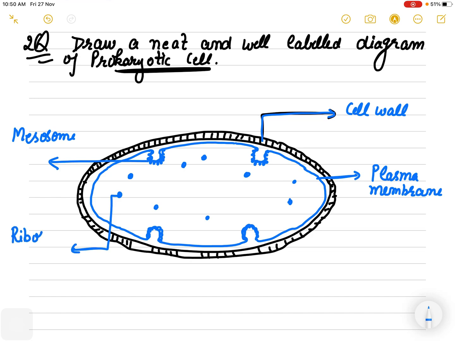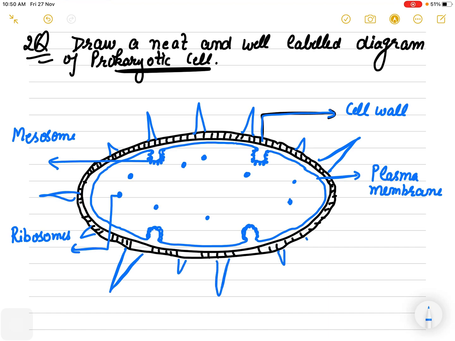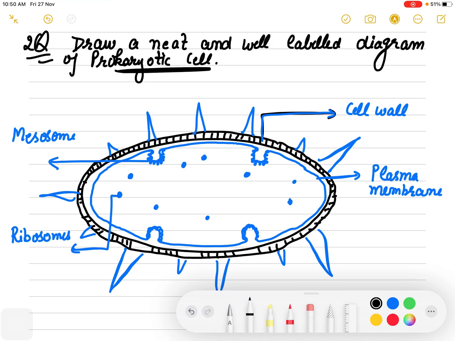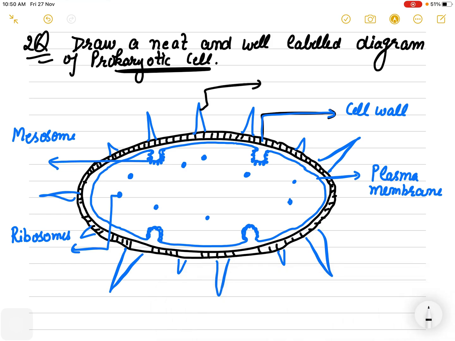These are ribosomes. Now there is another thing found here, this kind of structure. Few are small, few are long. These kinds of projections found in the bacteria cell are called fimbriae.